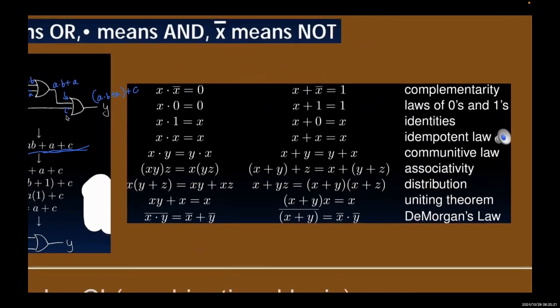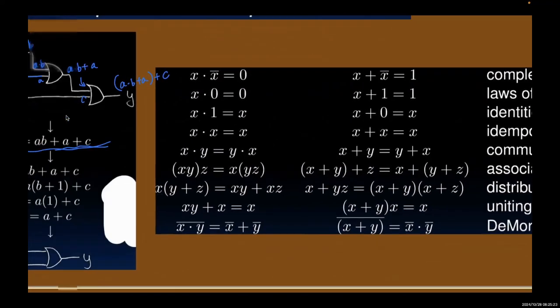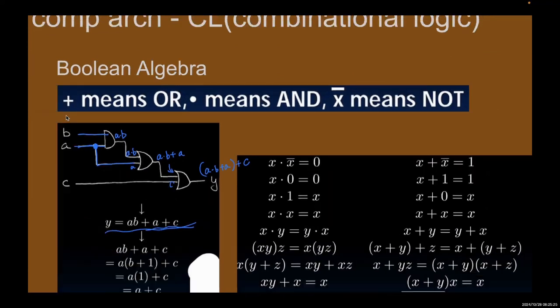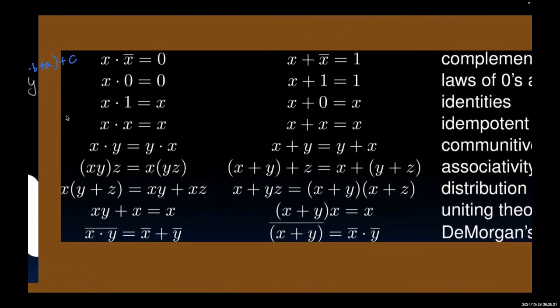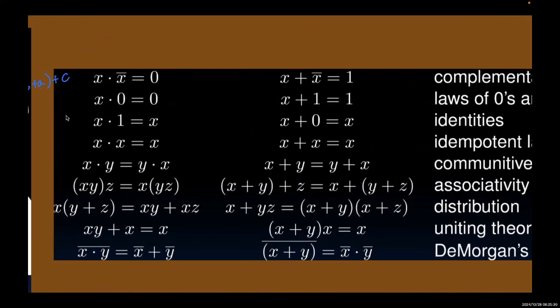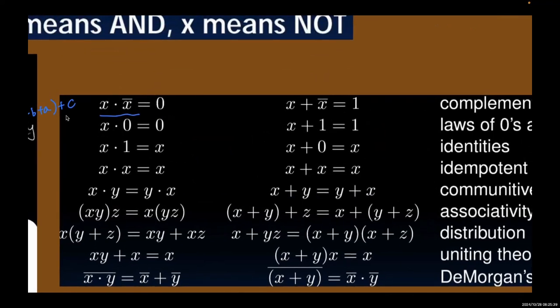There are a lot of laws for Boolean algebra. We can look at some of them. So this means x and not x is 0. You can write a truth table of it, like x, not x, and output. 1 and 0 is 0, 0 and 1 is 0.